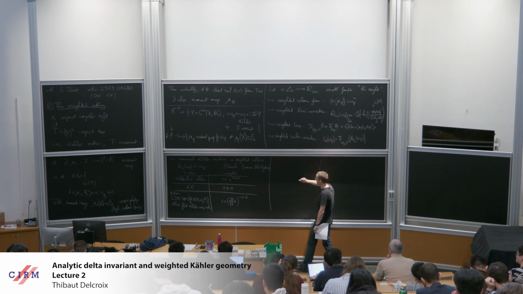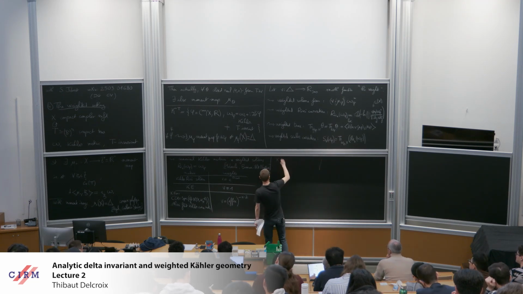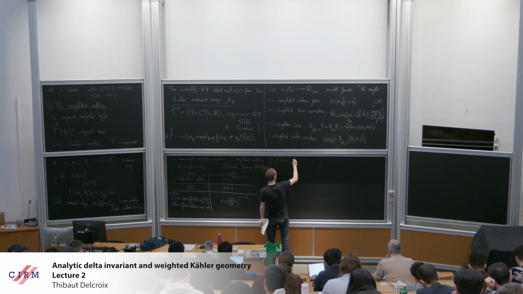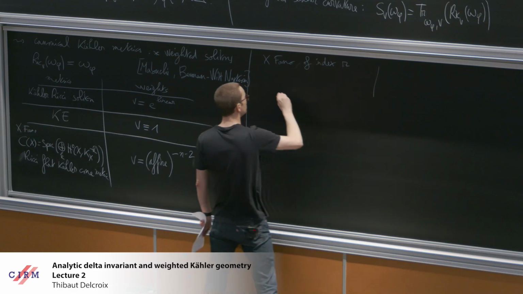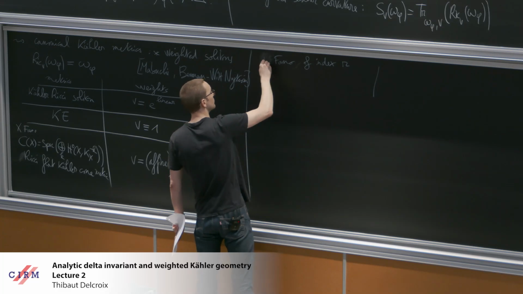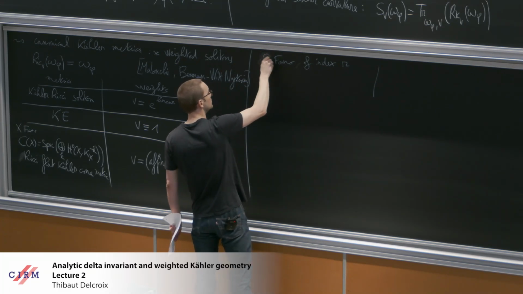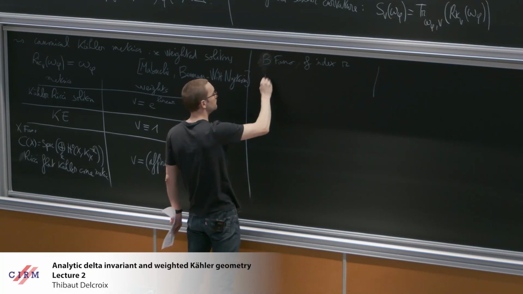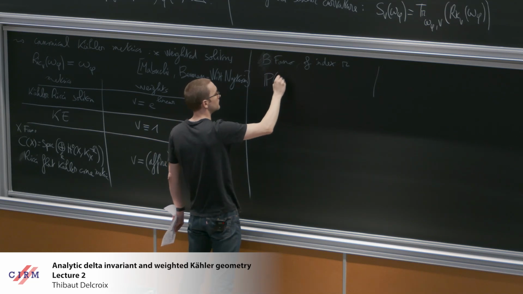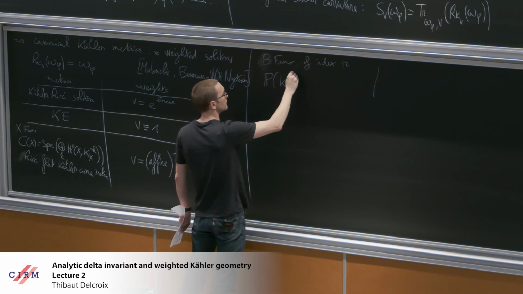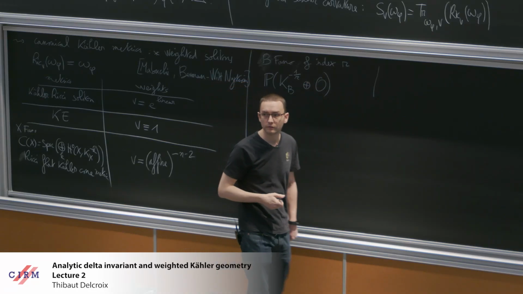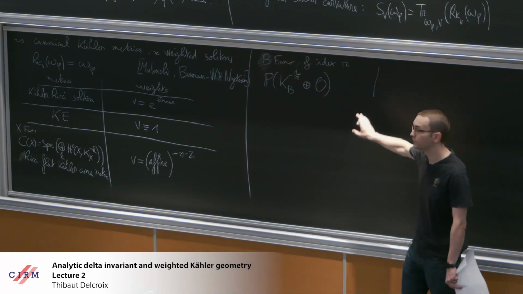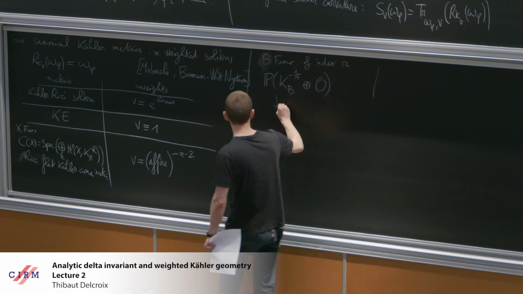Now, let me add another one. So say B Fano of index R, I don't know, whatever. And I consider a P1 bundle over B of this form.